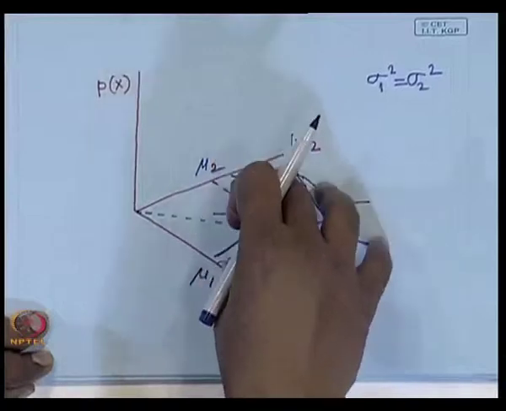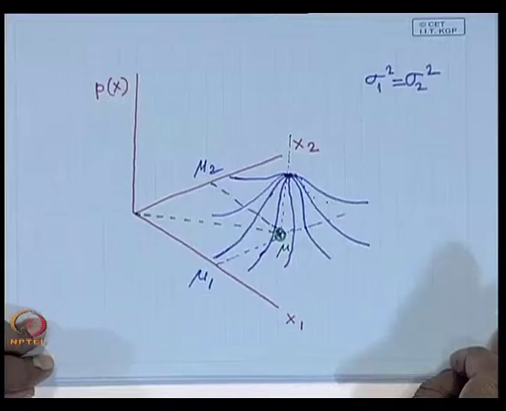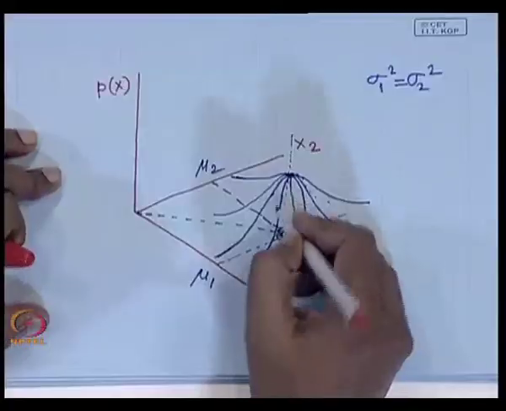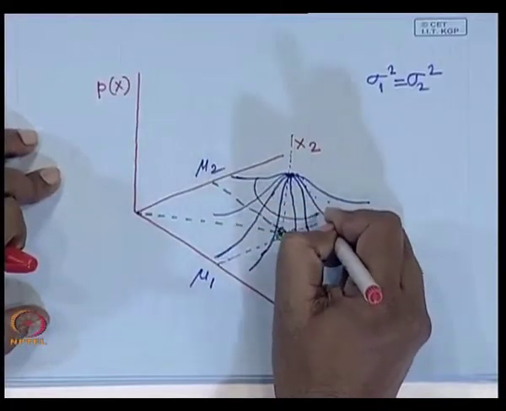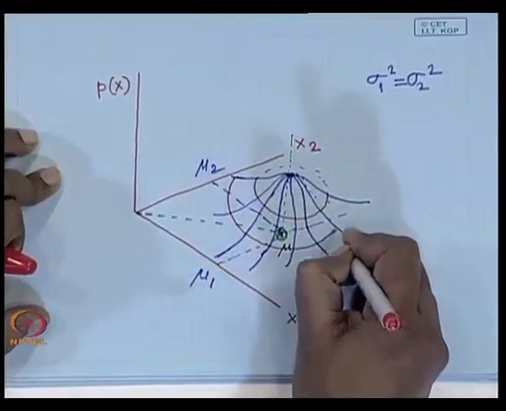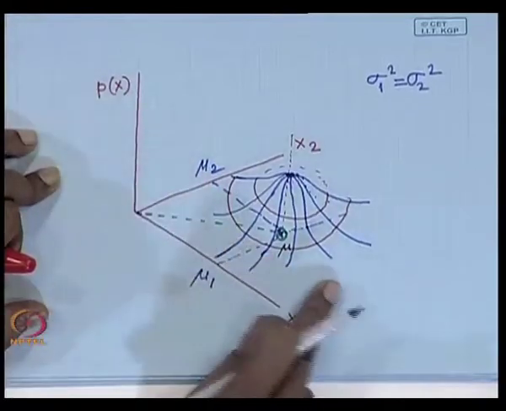Now, given this surface of this bivariate probability density function, if I try to trace the loci of points of constant density, that means all those values of x for which P x is constant, those loci will be nothing but circles, something like this, because along this the value of P x will be constant.